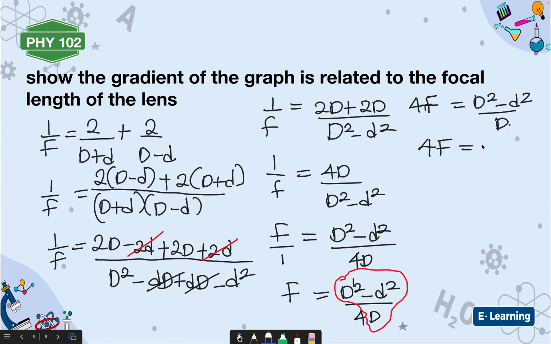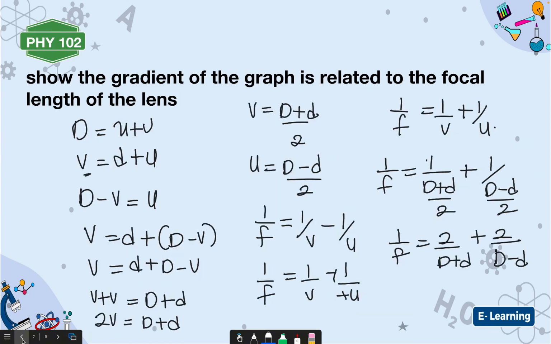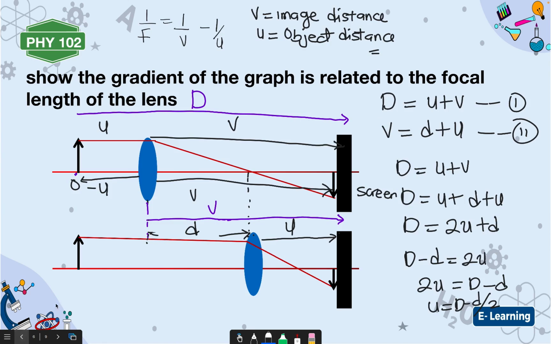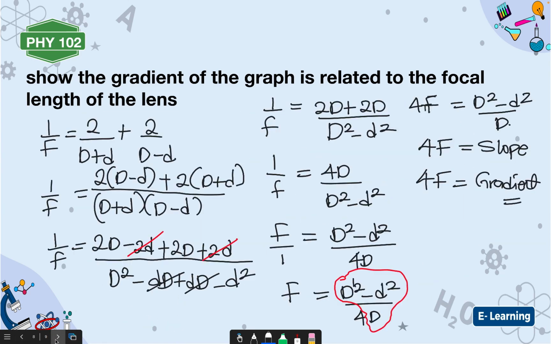So 4 of the focal length is equals to the slope, which is equals to the gradient. Alright? That is what you expected to prove in that case. 4 of the focal length is equals to the gradient. So you write all this here and prove everything you can prove.